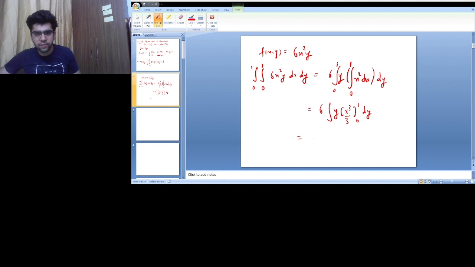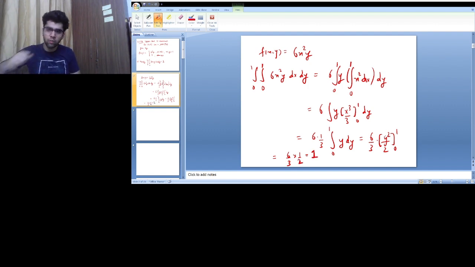This will give me 1 by 3. So 6 and 1 by 3 comes out, 6 into 1 by 3, from 0 to 1 of y dy. This will become y² by 2. So 6 by 3 into y² by 2, and my limits for y are 0 to 1, right? Ultimately I'll be getting 6 by 3 into 1 by 2, which is equal to 1, right? When I put in the limits, I'll be getting 1 by 2 here.